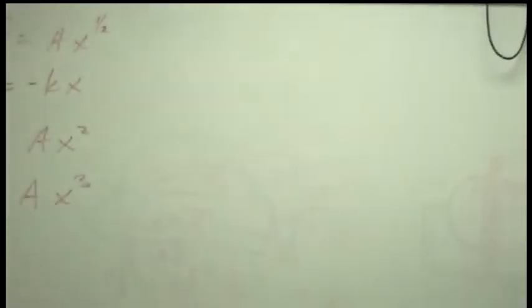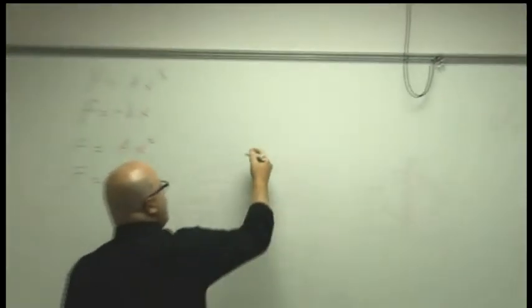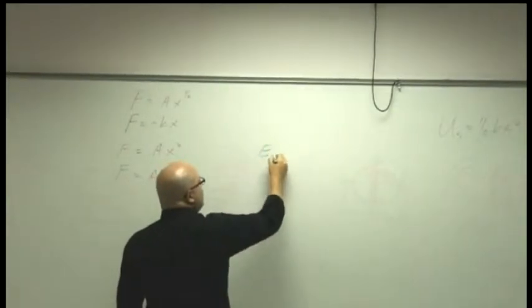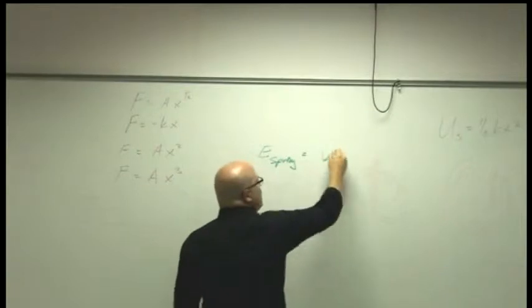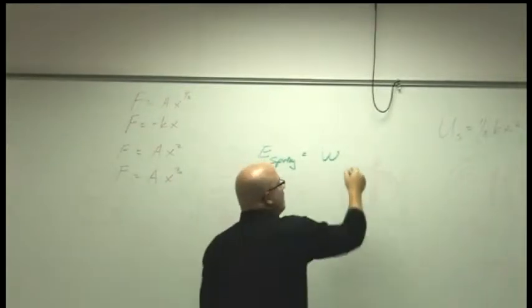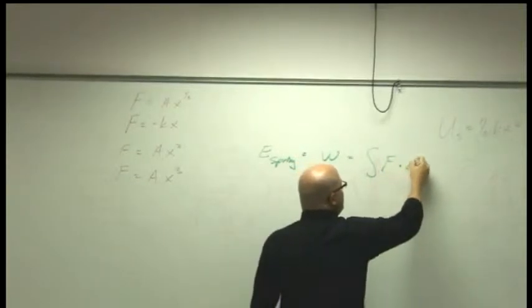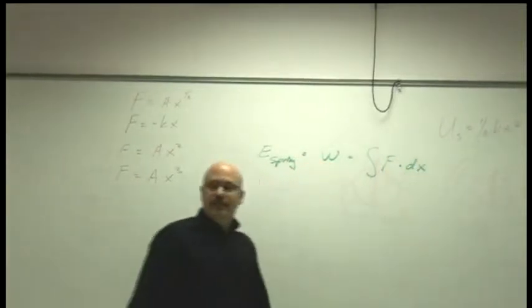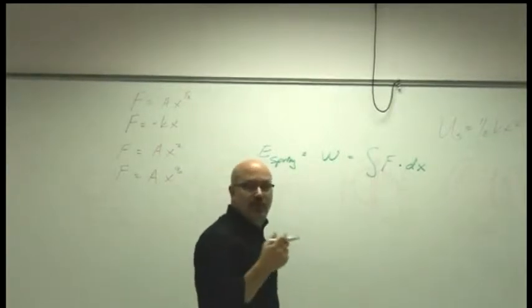How do we find energy for a spring? Well, remember, the energy in the spring equals the work done to compress it, right? So that's integral F dot dx in our case. What's our force?